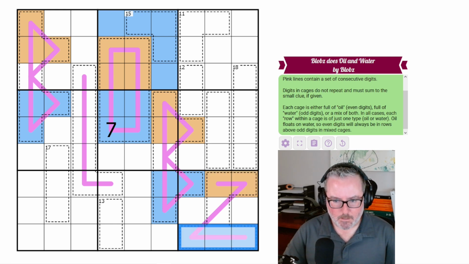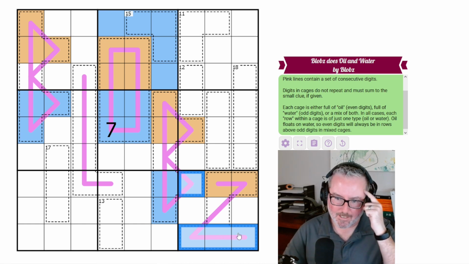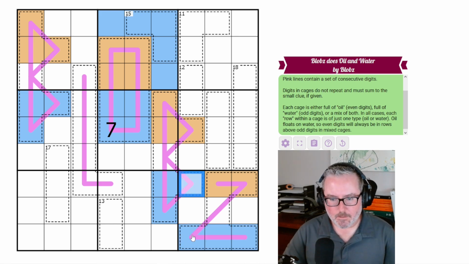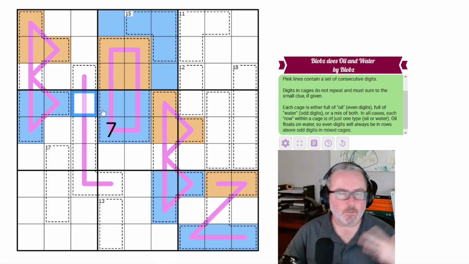These have to be odd. Therefore, we have 4 odds. Again, the coloring is messing with my head because I usually think of these in a different way. These are the odd digits. So we're going to have 1 more odd somewhere in here and 2 other evens. Okay. Let's just continue looking throughout these guys and see if we can figure anything out.